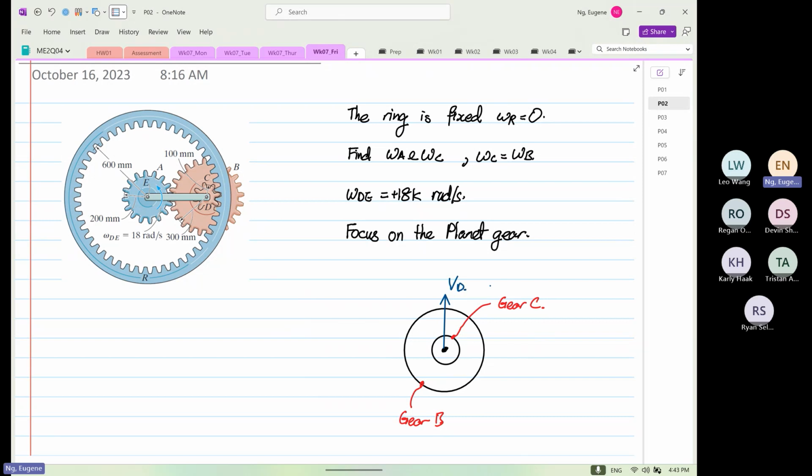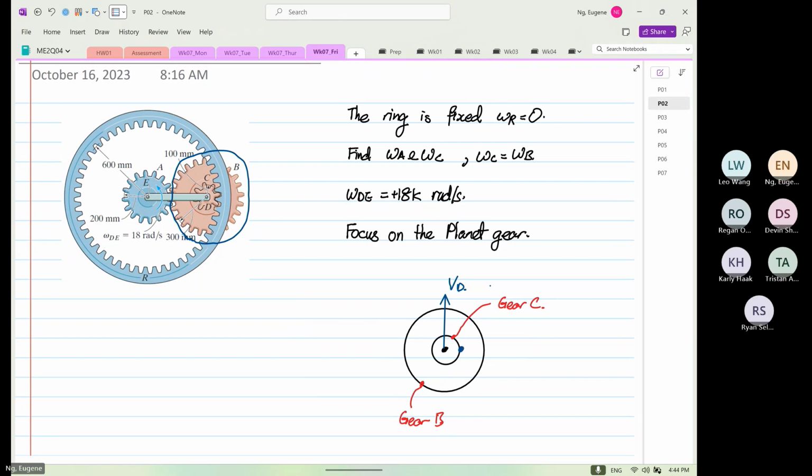Now, we are finding velocity at that instant. So we are going to focus on these gears over here. I'm going to call another point over here.